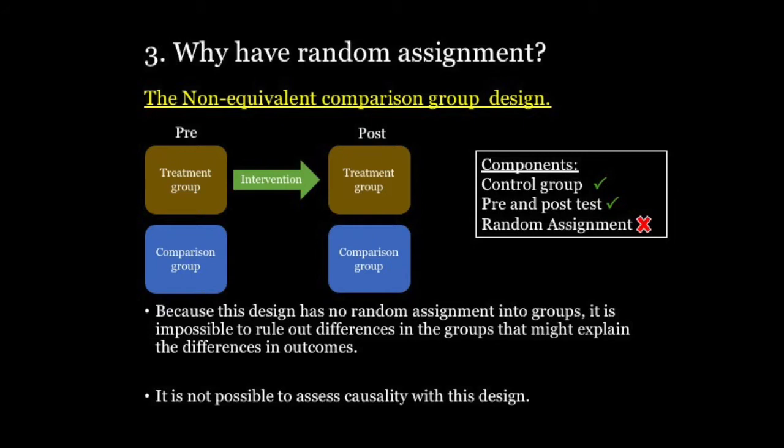Now, it's very tempting to take the results of a study with this type of design, because it's very similar to that of a randomized controlled trial, but because it doesn't have the random assignment into groups, it is impossible to rule out the differences in groups that might explain the differences in outcomes. So it is not possible to assess causality with this design.